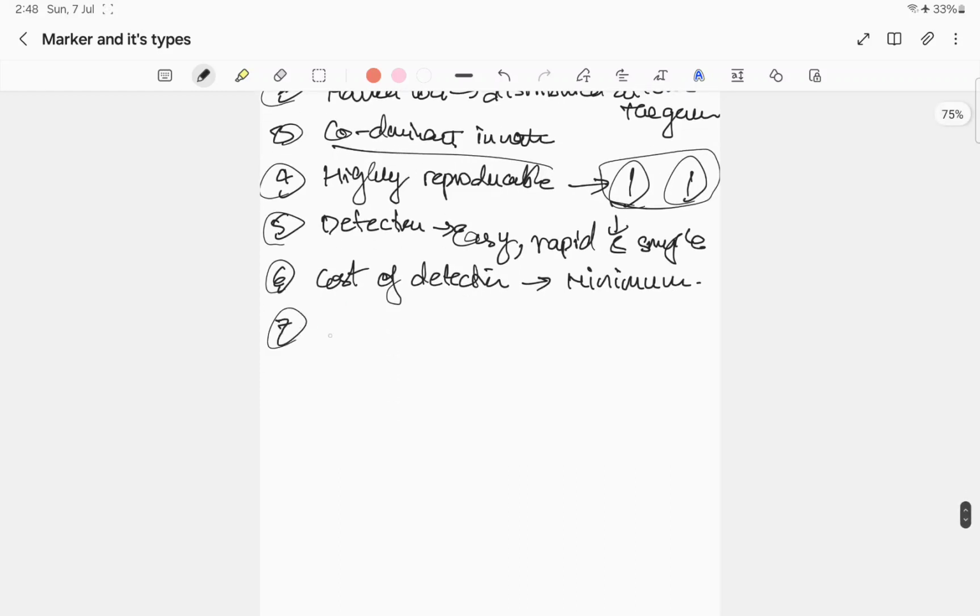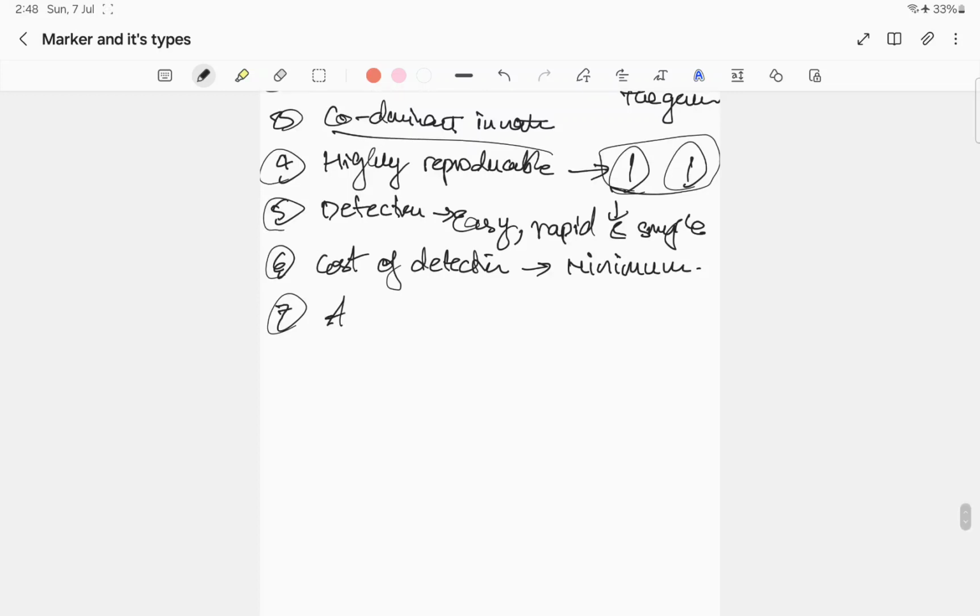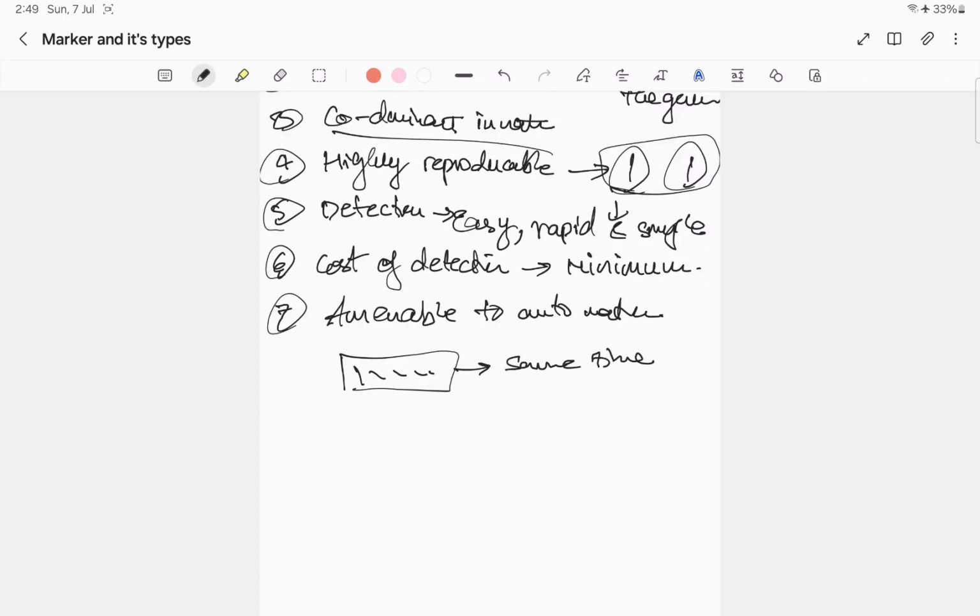The seventh point is that the detection system should be automated for high throughput genotyping, that is, amenable to automation. High throughput genotyping means many samples can be processed at the same time. This leads to more results in very little time.